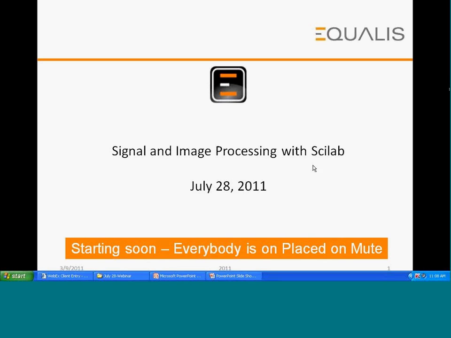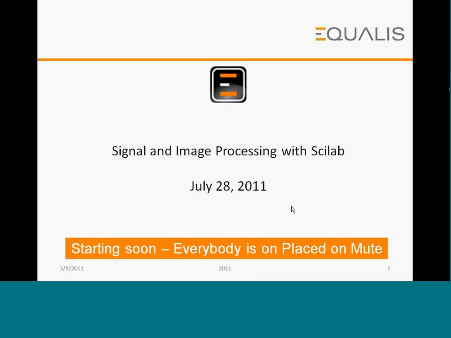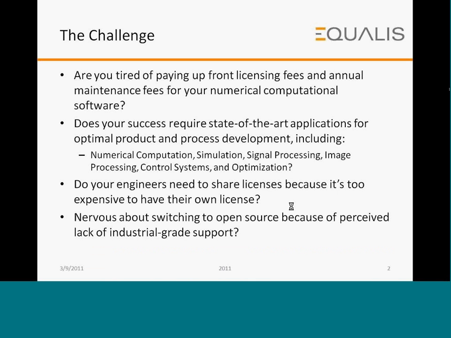So today's topic is signal and image processing with Scilab. Suppose you are facing the challenge of having to pay upfront licensing fee and annual maintenance fee for your numerical computation software, and if your success requires state-of-the-art applications for your product or process development in various areas, from numerical computation to simulation to signal processing, image processing, control systems, and optimization.